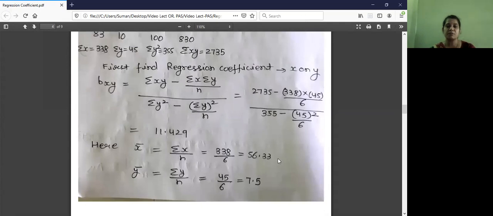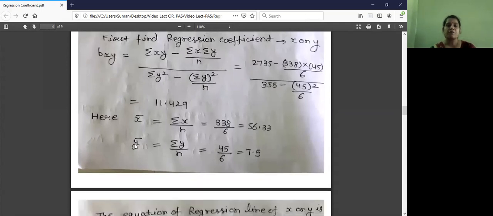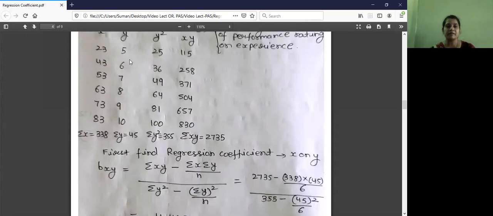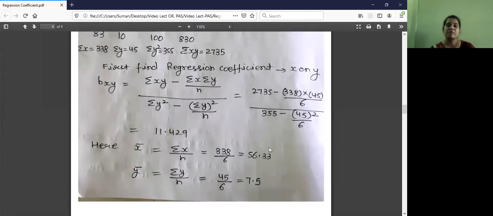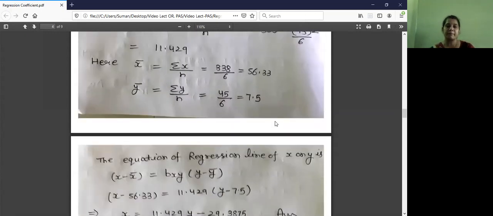We get 56.33. Y bar is equal to summation y upon n. So y bar is what? 45 divided by 6 is equal to 7.5. We have both x bar and y bar.